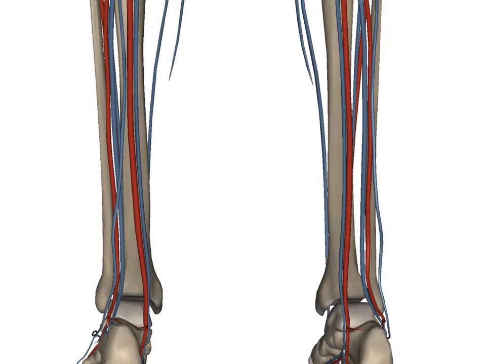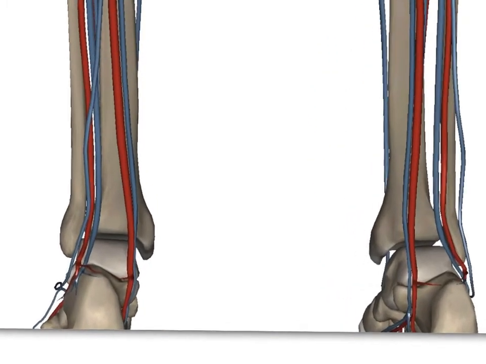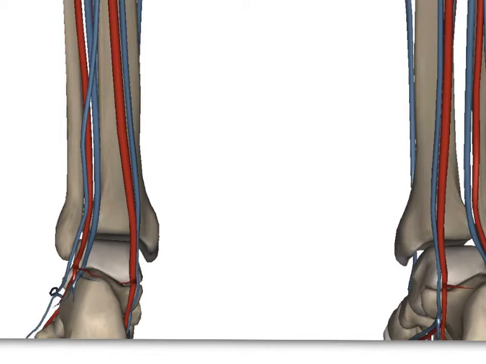Now if we move on from there, if we just have a look at the ankle joint area, what you can see is that the posterior tibial artery comes down, if I just bring this up and zoom a little bit, the posterior tibial comes down and it passes past the ankle joint, and it also passes just medial to the calcaneum.